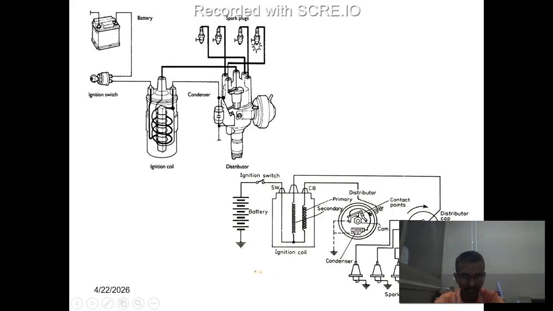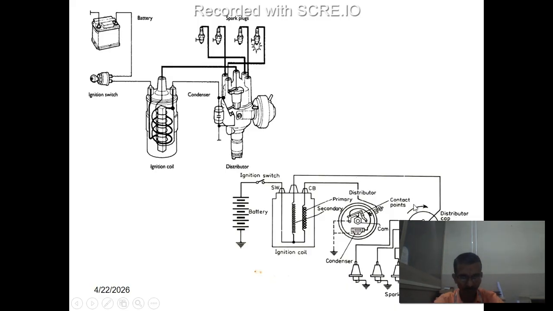These are the spark plugs. Sparking plugs fire in different cylinders in multi-cylinder heavy vehicle engines, which use the distributor.